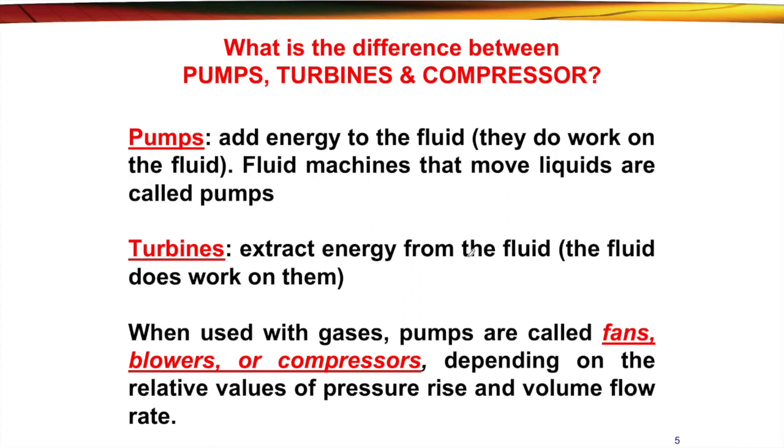For example, turbines are used in thermal power and hydroelectric power, where the electricity comes from the conversion of energy from the water, which changes to mechanical, and then the mechanical changes to electrical energy. Pumps, from the electrical energy, it will change to mechanical, and then it will change to the pressure energy. So for the turbines, it is vice versa.